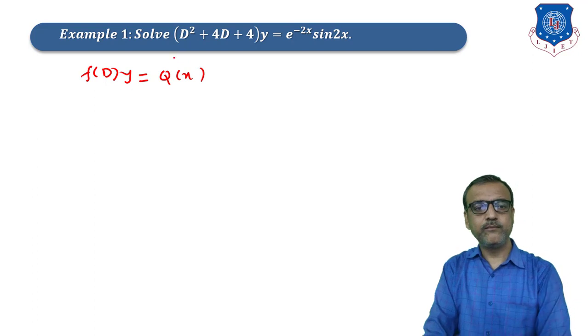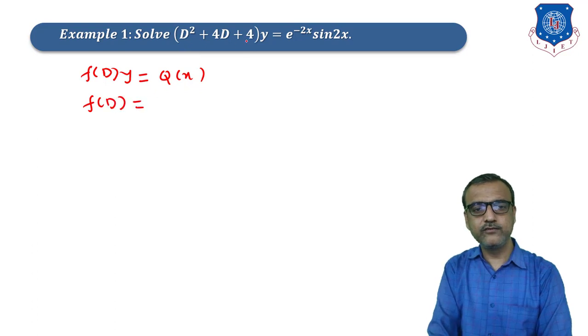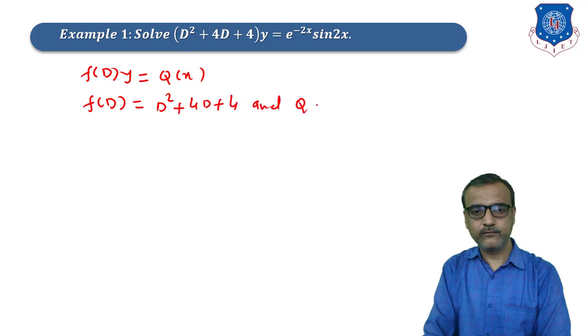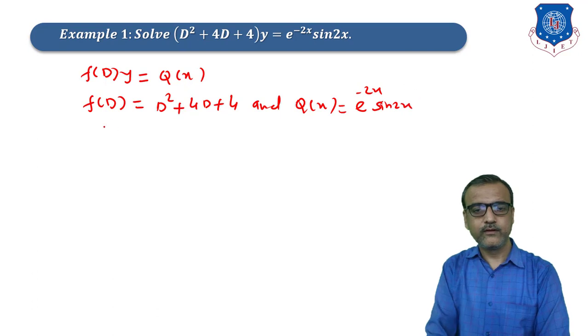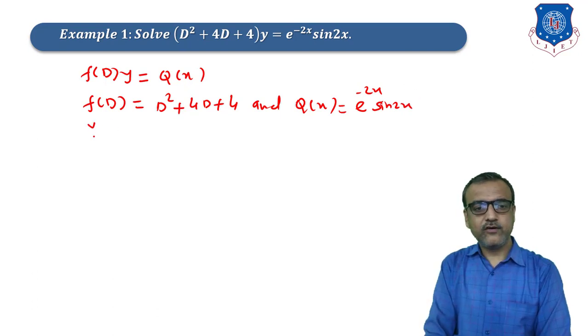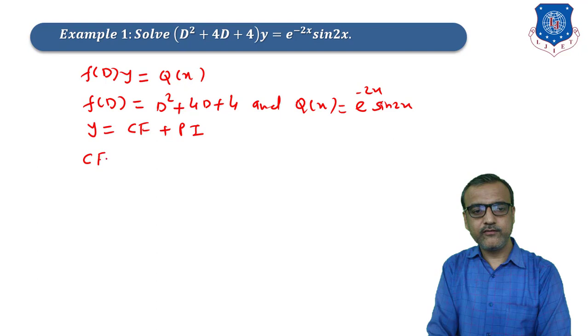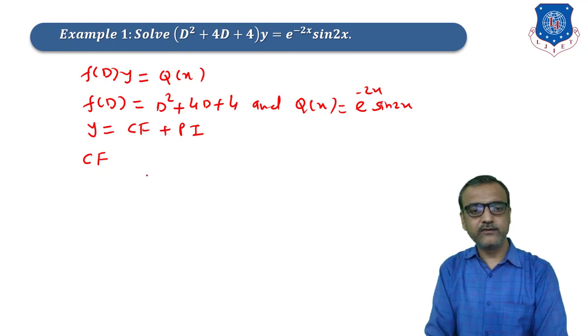If we compare the given differential equation with this one, we get f of D equals D square plus 4D plus 4 and Q of x equals e raised to minus 2x sine 2x. And here its solution is given by y equals CF plus PI. CF is the complementary function, and first of all we will find out CF.